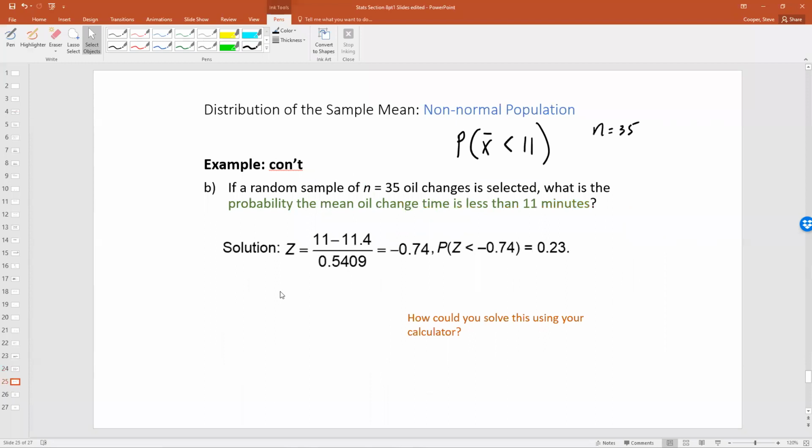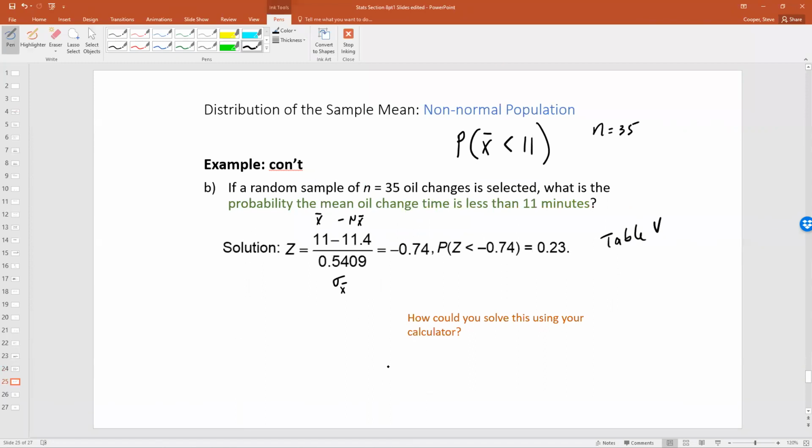So when they create the z-score, they take the 11 minus, this is our mu of x bar, and this is our sigma x bar. And that gives us a z-score that we can go look up in table 5.